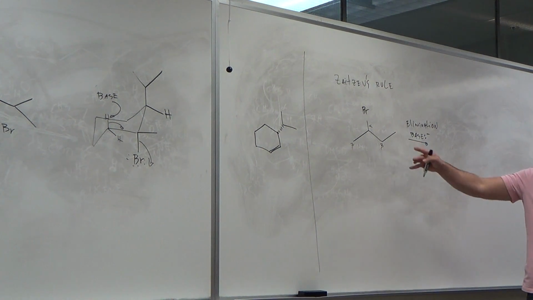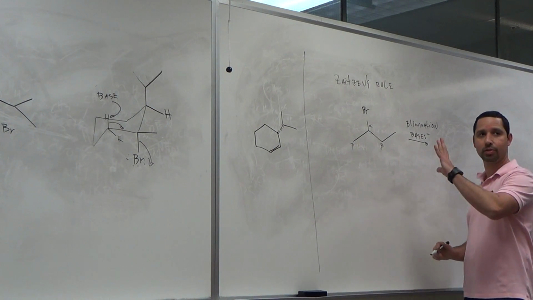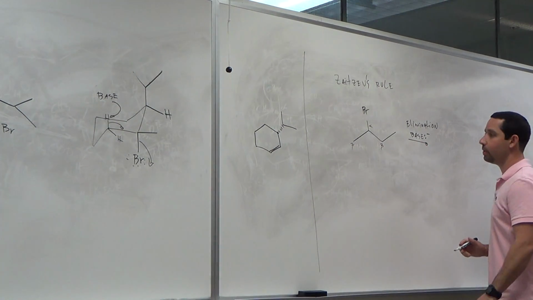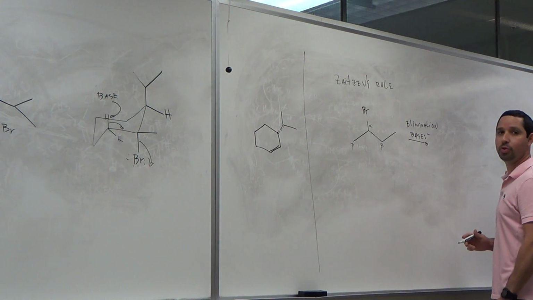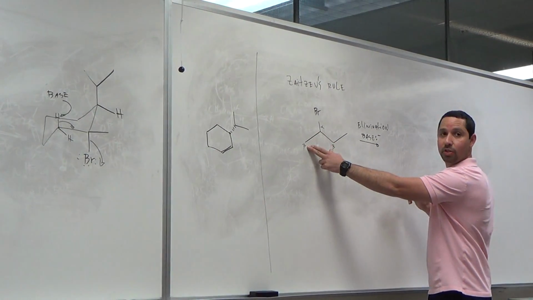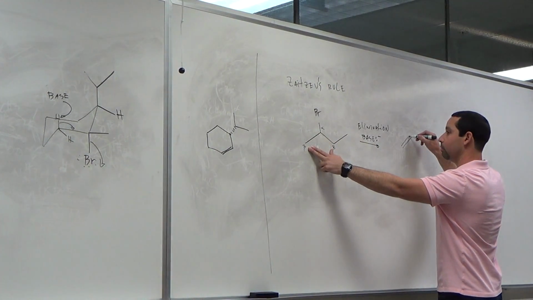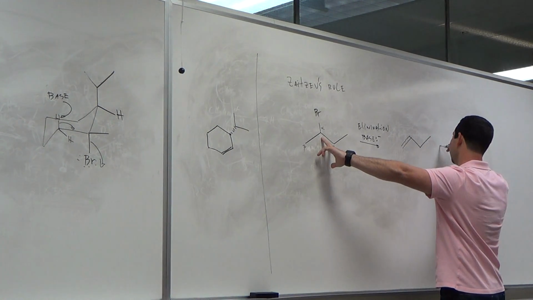Now, these are single bonds and it's not locked in place, so this can rotate whatever way it wants until it's antiperiplanar. If it is an E2. If it's an E1, then it doesn't matter. So what can we do? We can form a double bond where? Here, from this alpha to this beta. Or we can also form a double bond on the other beta here.